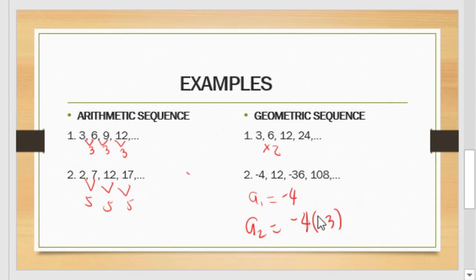Because the second term is a positive number. And we know for a fact that when you multiply two negative numbers, the answer is positive. So that's positive 12, which is your a sub 2. For your a sub 3, the next term, from positive 12, you multiplied again by negative 4. That's why you get negative 48.